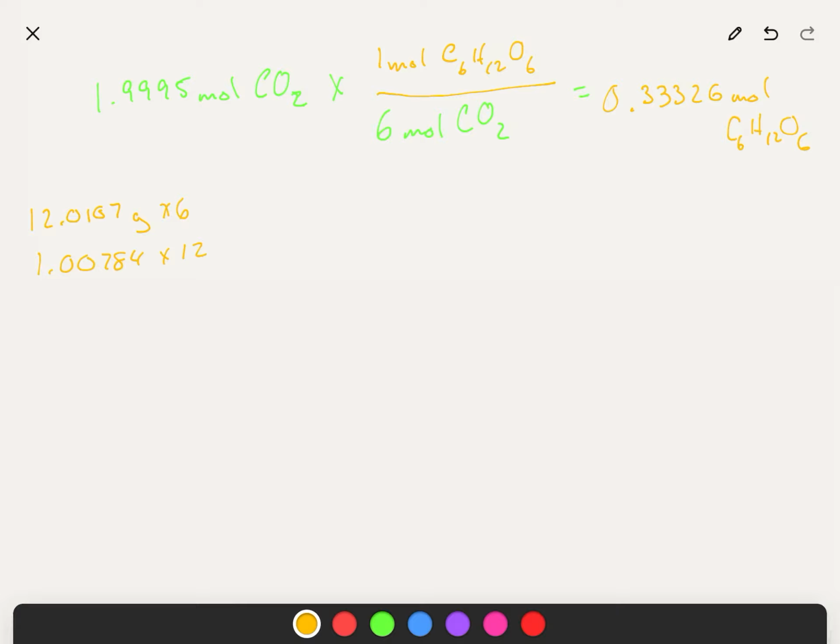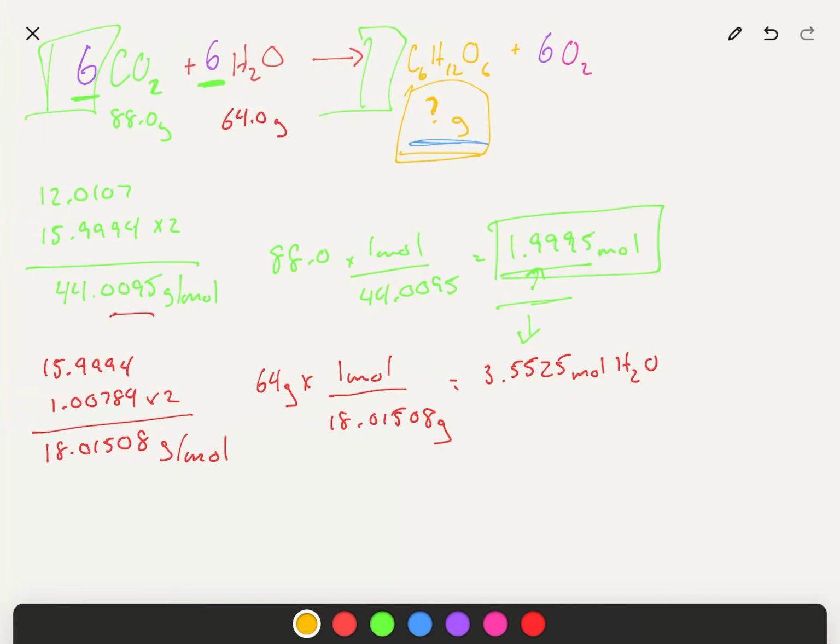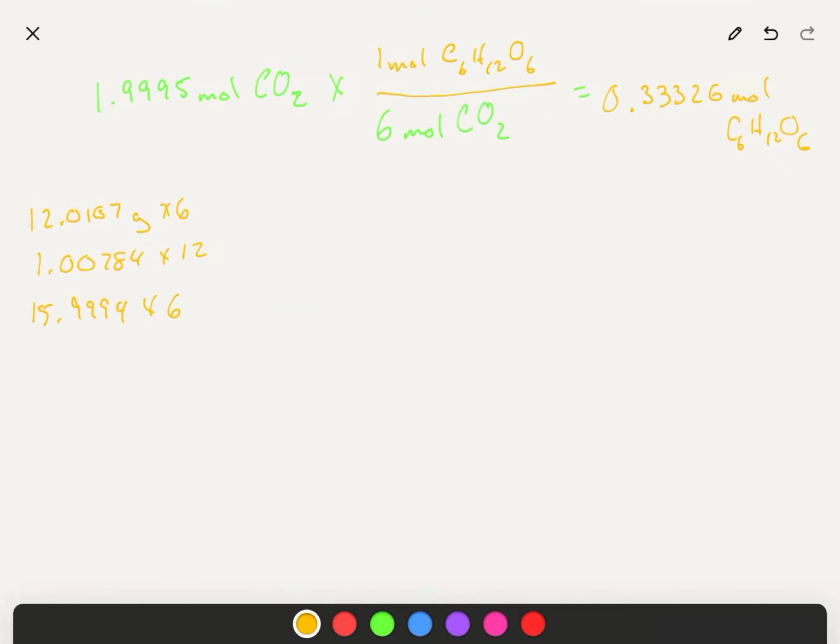We have 12 of those. And oxygen, 15.9994. We have 6 of those, and we had looked up all those numbers on this previous page. That's why I just wrote them down instead of going and looking them up again. So that will give us our molar mass of glucose, and then we can multiply by this number.